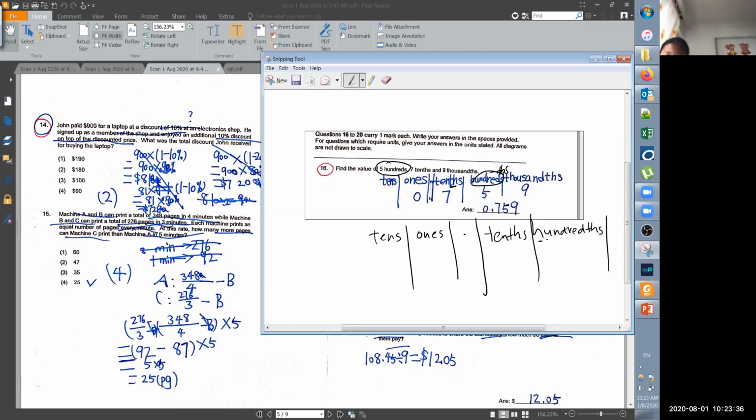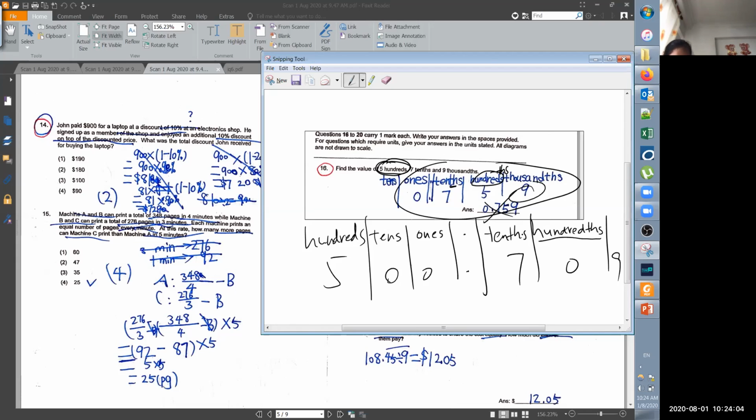So this is hundredth with th, and this one is without th. So what I'm trying to say is your 5 should be here, right? And then how many 10? 7. And then how many 9,000? So it'll be 0 here and 9 here. So that's your answer instead of this.